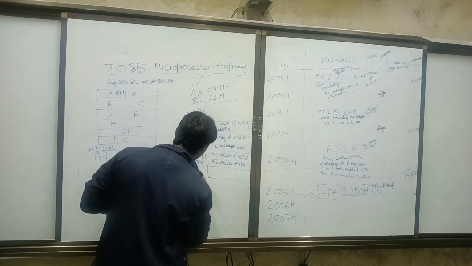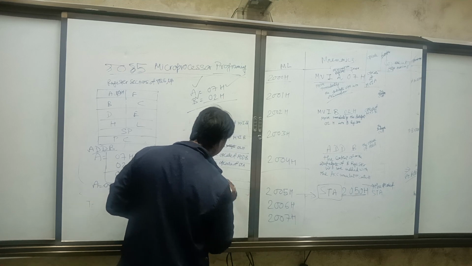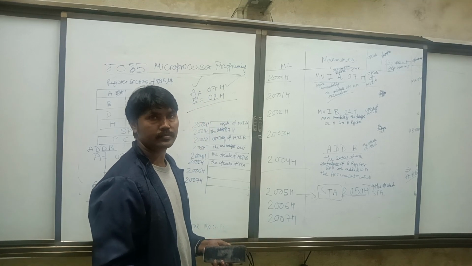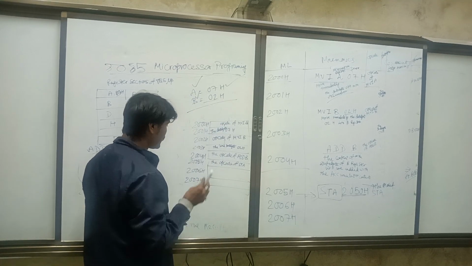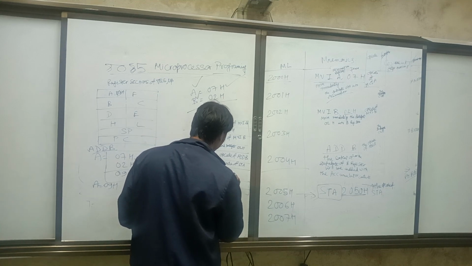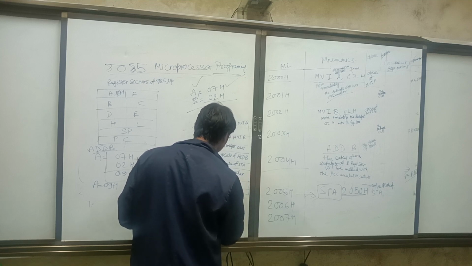In the next memory location 2006H comes the lower order address byte.